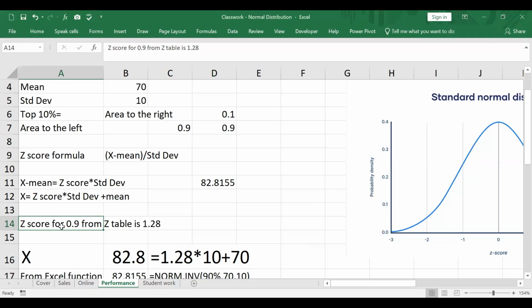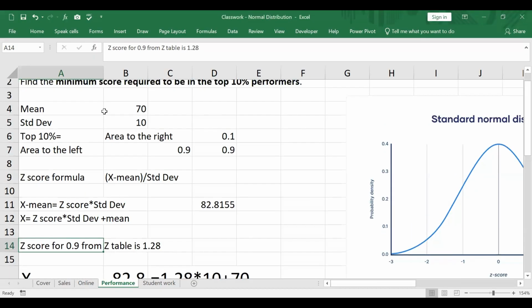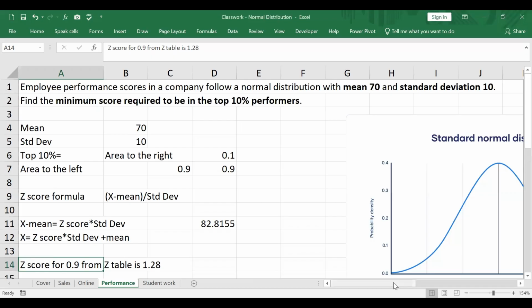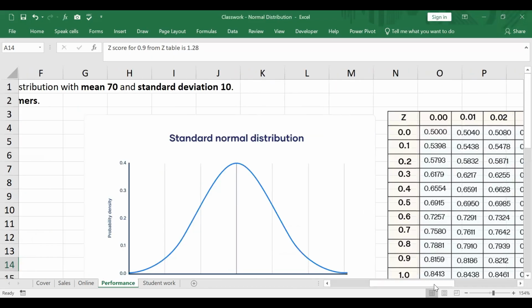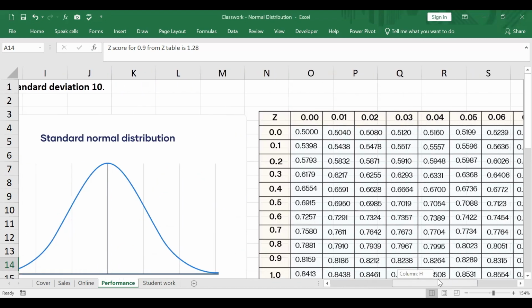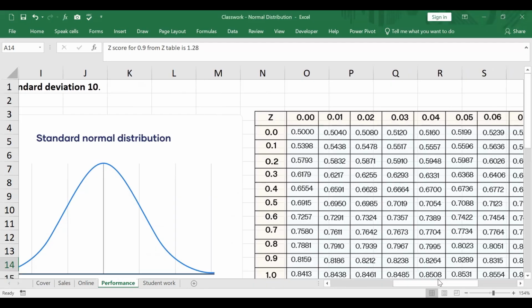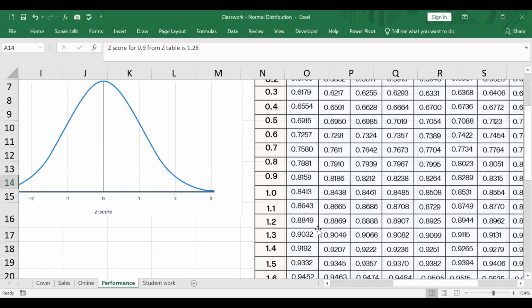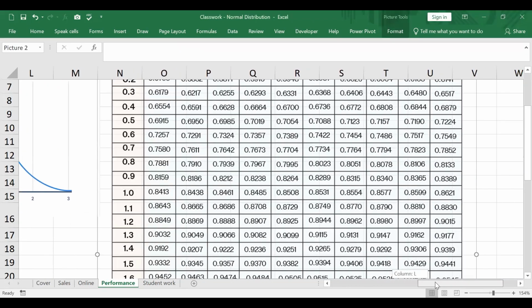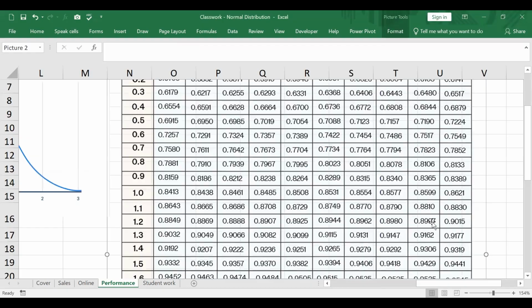So now the Z score for the probability 0.9. Where is 0.9 in the table? Let us search for it. 0.9 somewhere here. This is 0.9032. Nearest is 0.8997.